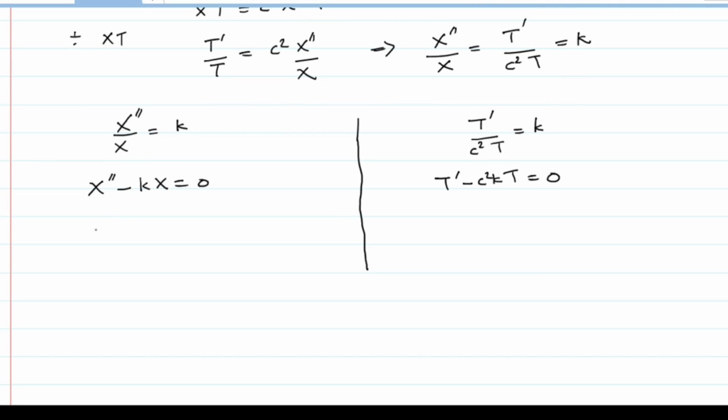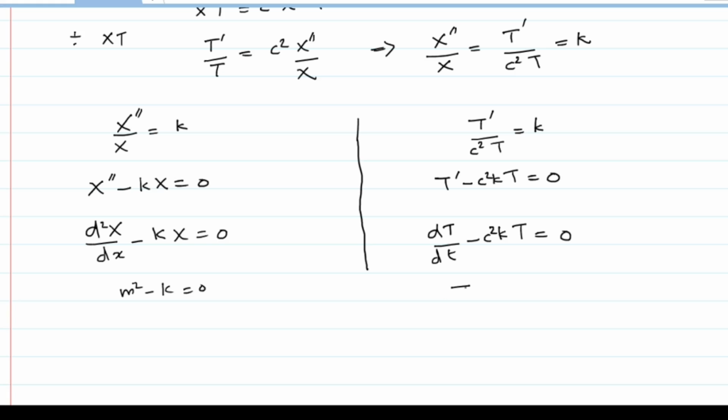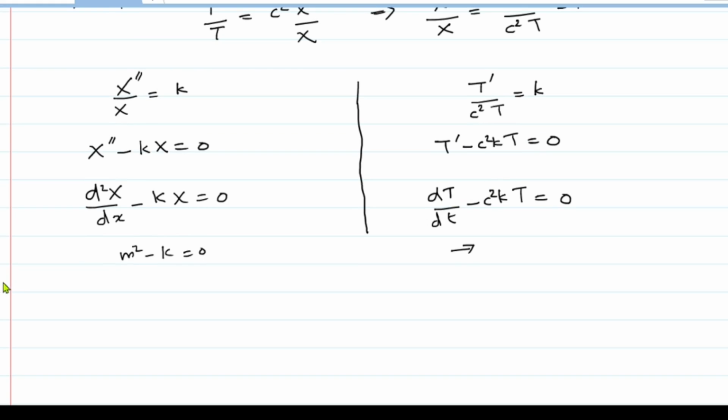Instead of this we can write d²X/dx² minus kX is equal to 0, and dT/dt minus c square k T is equal to 0. You can convert the first into the auxiliary equation, m square minus k equal to 0. The second can be directly solved by using integration.